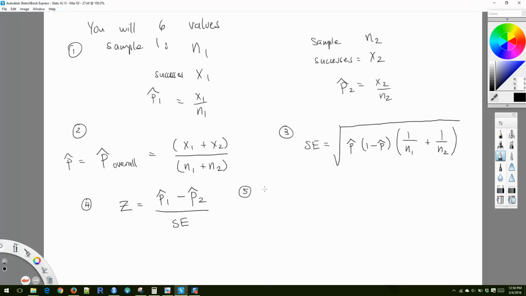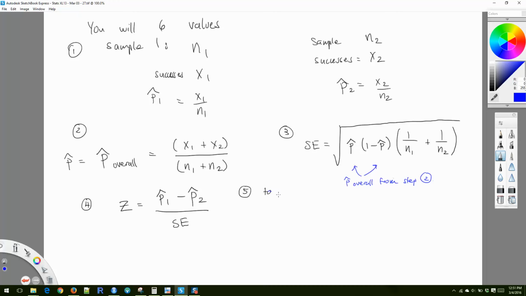So yeah, this p hat is the p hat overall. Those are the p hat overalls from step 2. I promise, when you read the problem, if you label your 6 values as such, everything's going to be a breeze just because you're just plugging in values.